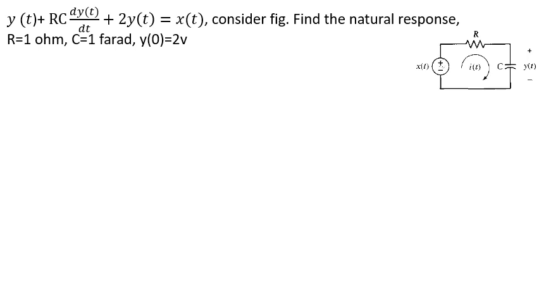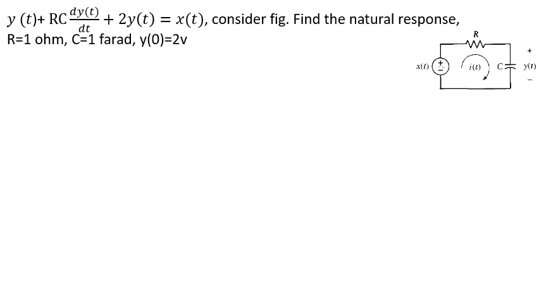The involved resistance and capacitance are units, and we have x of t as input and y of t as the output, right? So we use the same expression that we found for the homogeneous solution in the previous lecture. Now to obtain the natural response, we'll choose C1 so that the initial condition is satisfied.